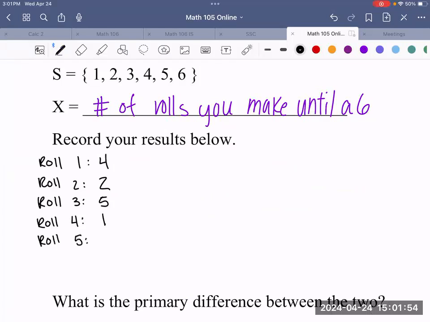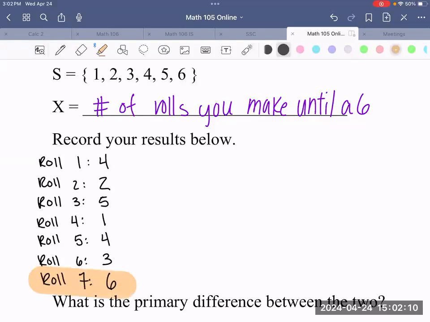Roll 5, and I'm going to kind of make it up because now I can't quite remember. 6 rolls, I got a 3, and let's say I rolled 7 times and I finally got a 6. I think that was what I had said earlier. So in this experiment, I had to roll 7 different times and I finally got a 6.